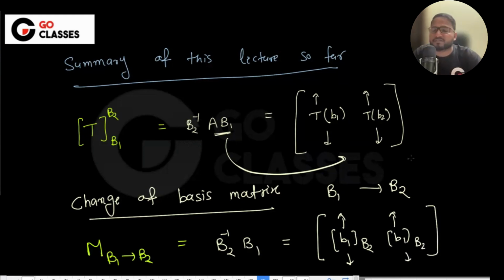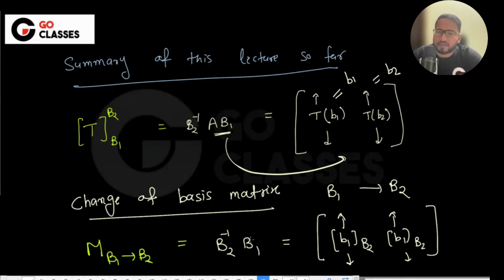In fact, if TB1 is the same as B1, which means TX is X, then this A will be the identity matrix. I mean, there is no transformation basically, and in that case the change of basis and transformation will be the same. Anyway, let's not get confused.